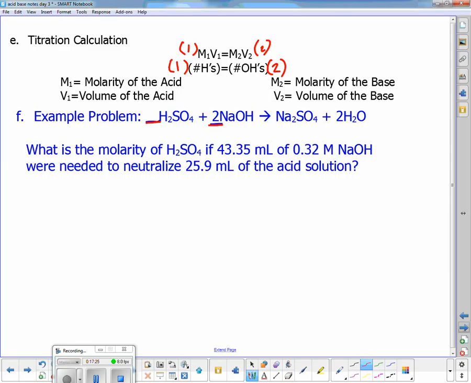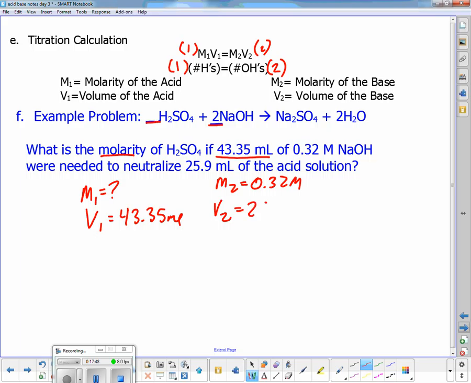So what is the molarity? I'm looking for the molarity of my acid. I don't know it. I have a volume of 43.35 milliliters, my molarity 2 is 0.32 molar, and my volume 2 is 25.9 milliliters.